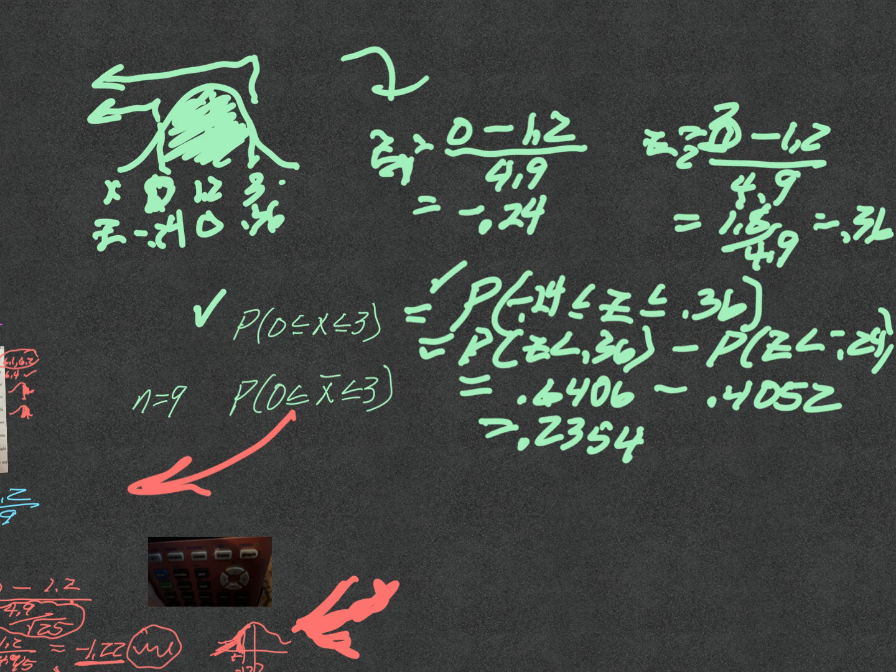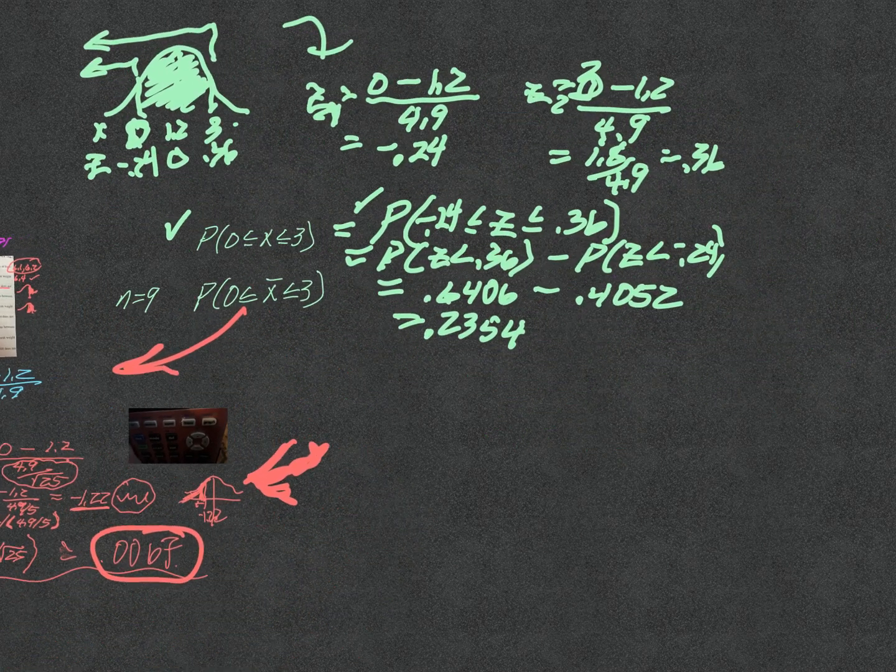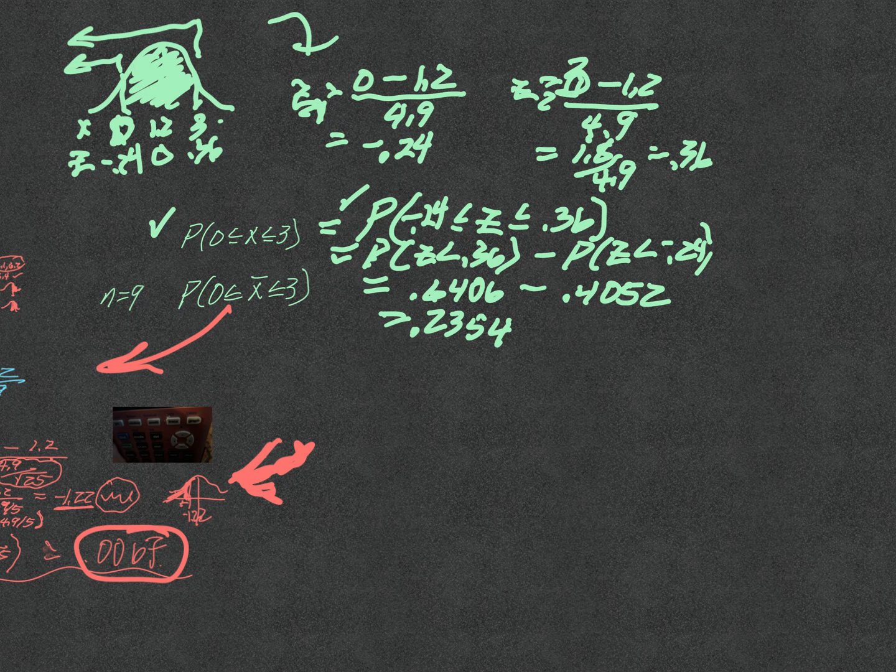The next problem is essentially the same kind of problem, but now it's a sample of 9, okay? So n equals 9, and here's our probability statement. 0 is less than or equal to x bar, because we want to see if the sample mean of those 9 students is going to be between 0 and 3, okay?